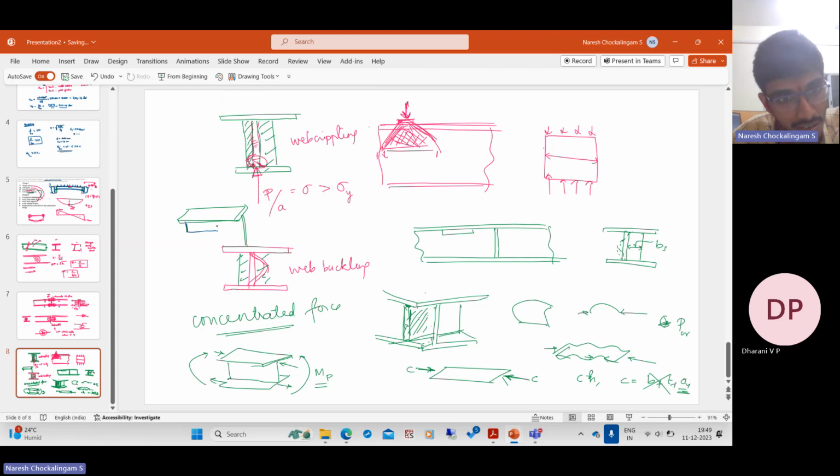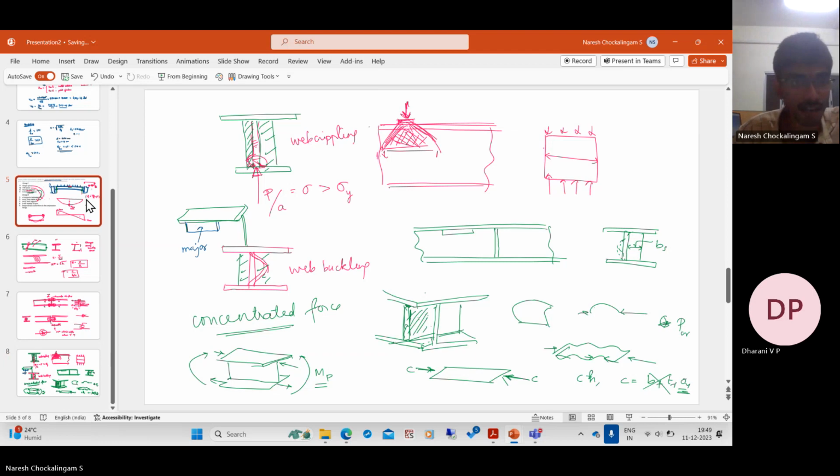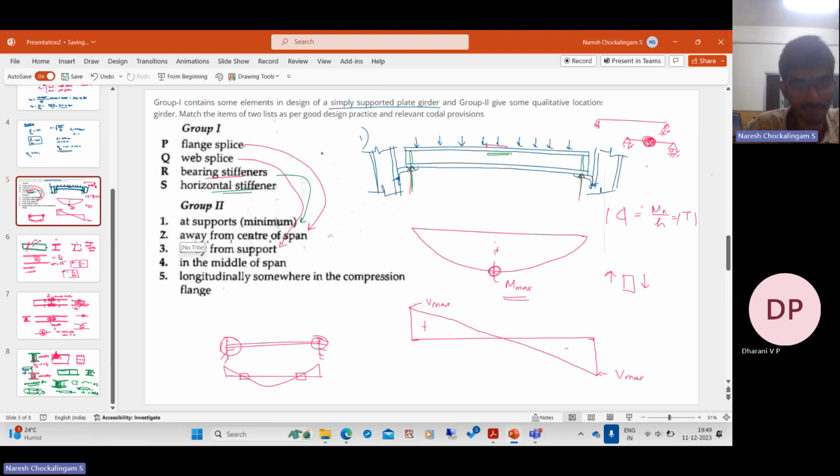Weld something strong so that if the flange has to buckle, it will induce major axis bending of the stiffener. So the compression flange is stiffened. Horizontal stiffeners are basically this: you provide a stiffener longitudinally somewhere in the compression flange. So these are the correct answers.